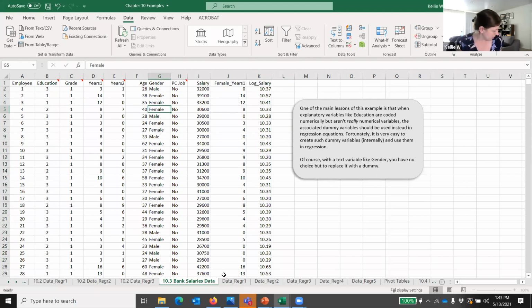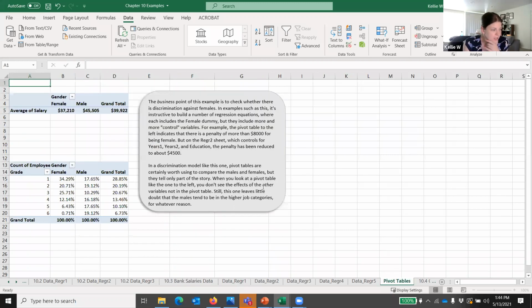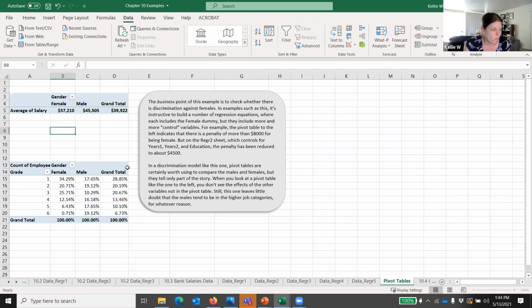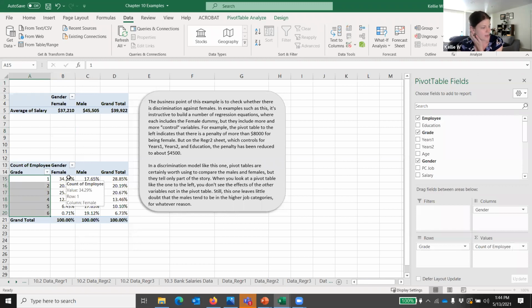Anyway, we want to see if this bank discriminates against females in their salary. You could just compare them and say, well, I took the average of females and males and they're different, so they do discriminate. You could also break it out with pivot tables by grade and see if that further shows a big difference.